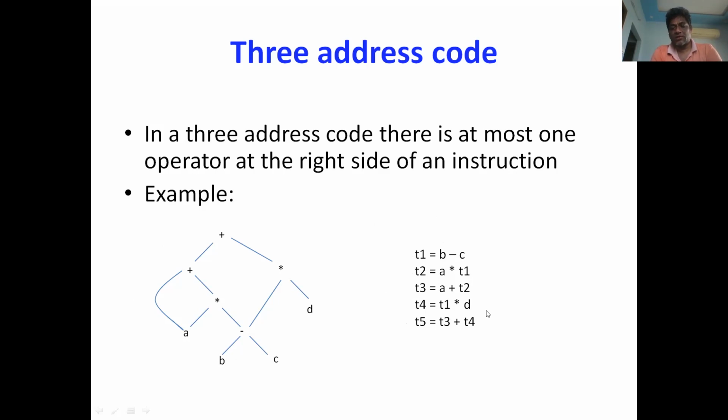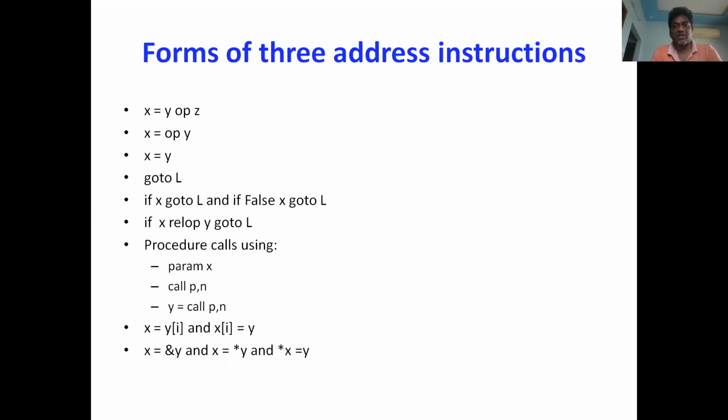Okay, so you'll see the various ways of representing these three address codes later. Before that, let us go through the various forms of three address instructions, as if you can understand these, then you will be easily able to convert any given expression into three address codes.